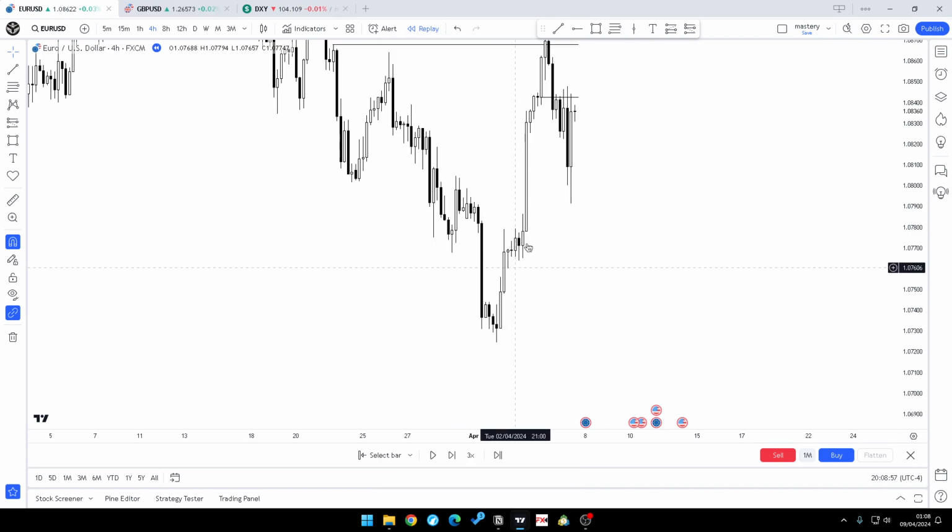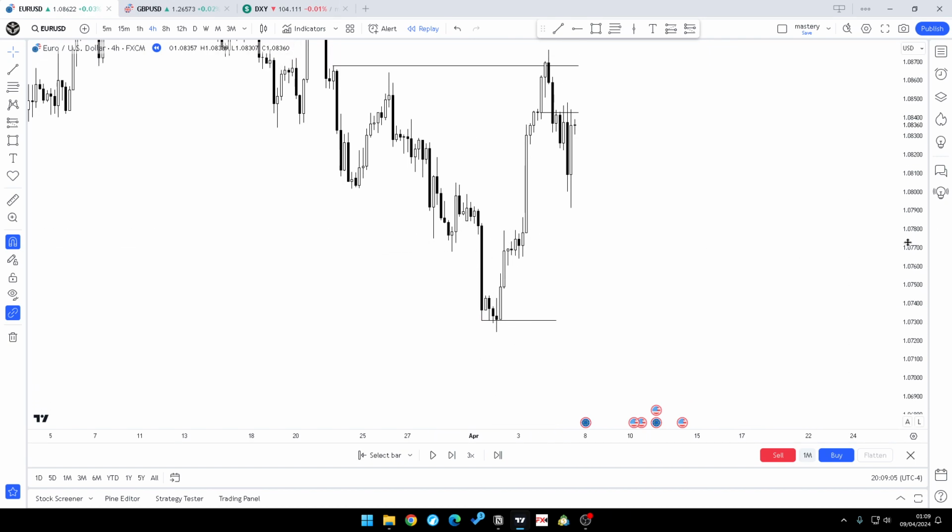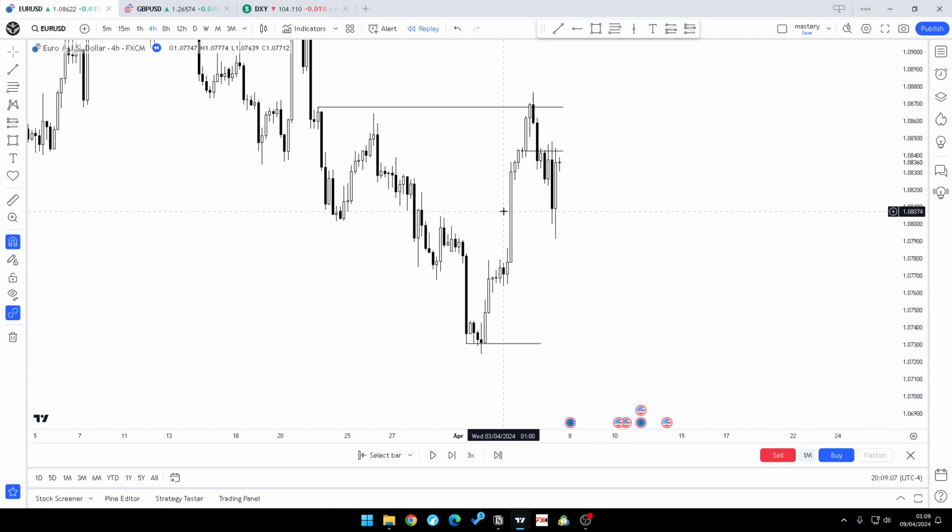Why is smart money buying right here? Because right here 99.999% of people are selling. Everyone right here is selling, selling, and selling. It's a breakout lower after a big bearish day where everyone wants to be short. So immediately they want to chase this.